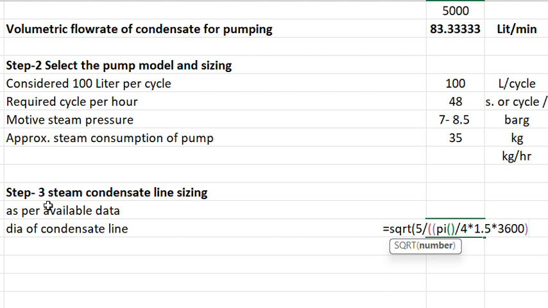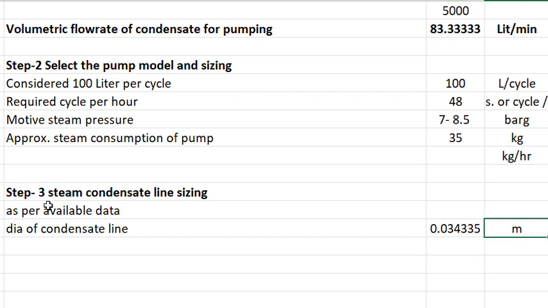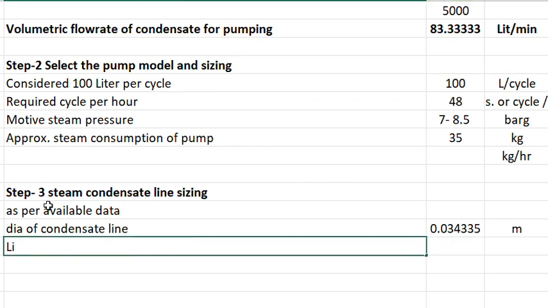We are converting that velocity, so we got the line size in meters. This is the diameter of the condensate line for the condensate inlet from the plant to the pump.